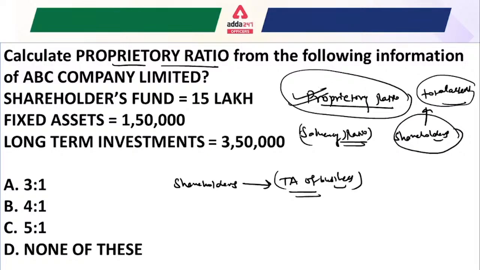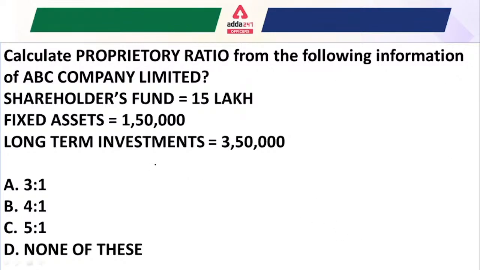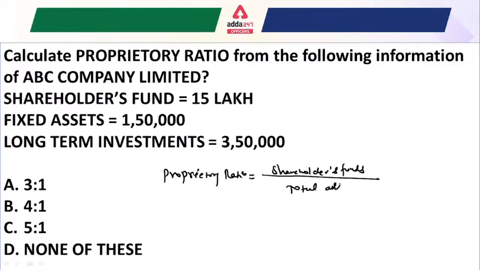So now understand what the formula of the proprietary ratio is. This is very obvious to understand. Like I said, it will be equal to shareholders' funds divided by total assets, because it determines the amount of the contribution of shareholders towards the total assets of the business, right?